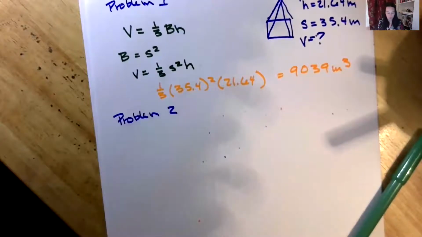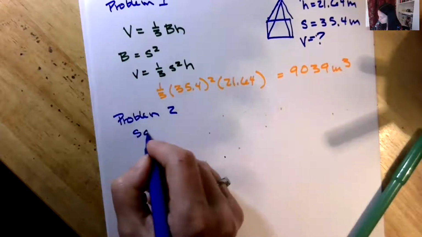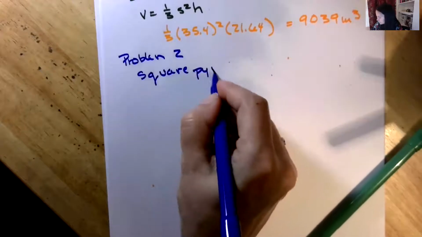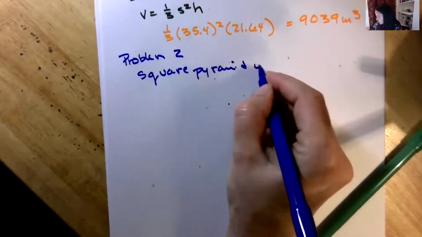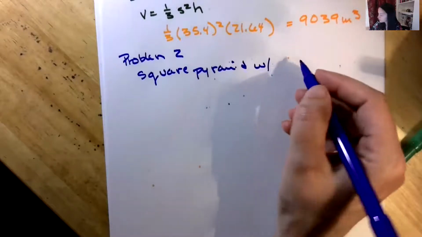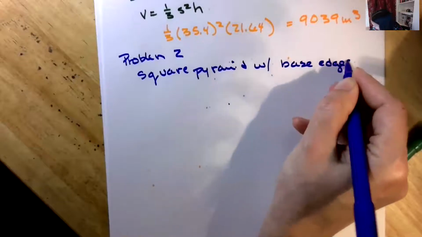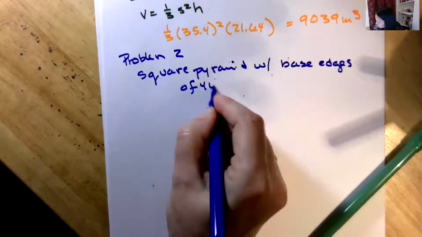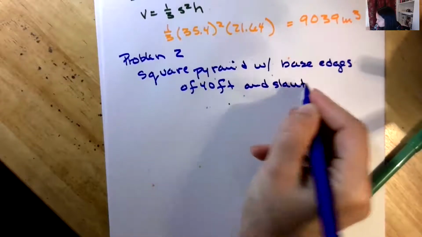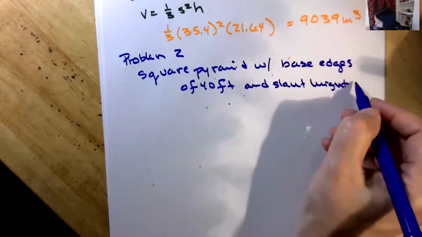Okay, so what is the volume of a square pyramid with base edges of 40 feet and slant height of 25 feet.